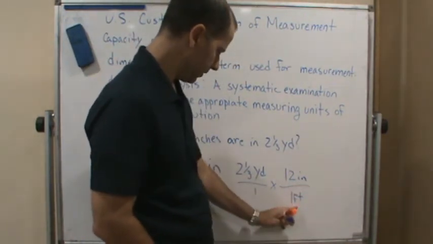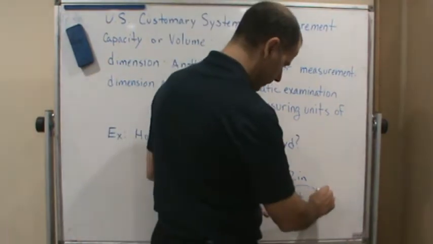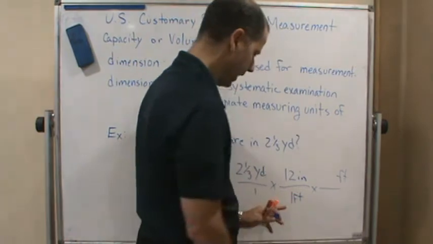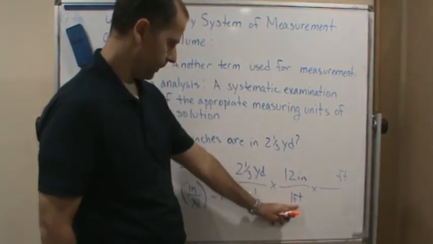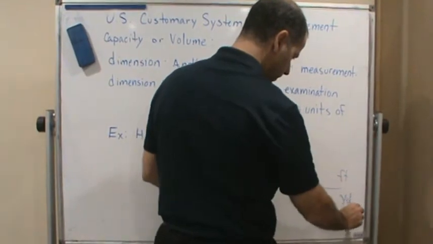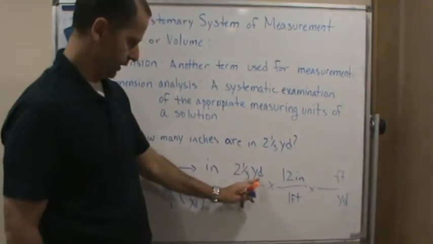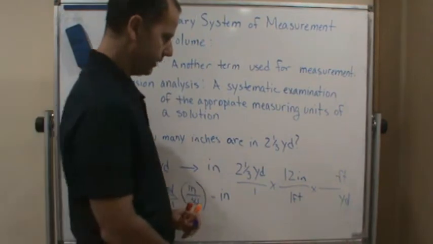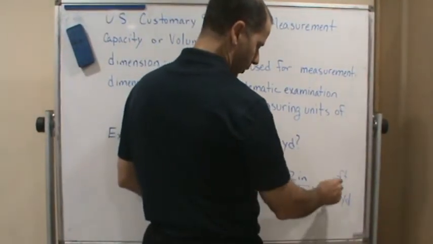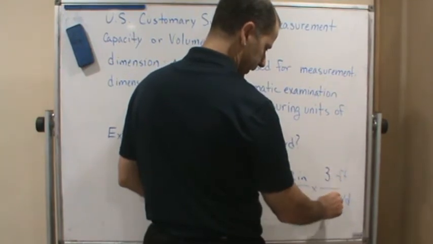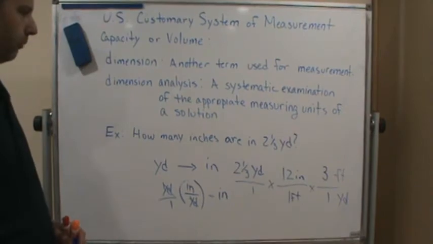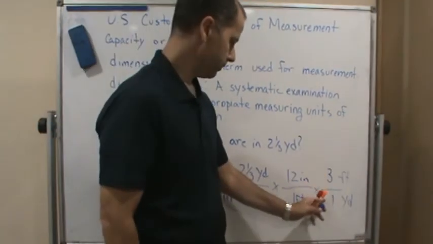I need feet on top that will cancel with the feet on the bottom here, and yards on the bottom that will cancel with the yards in the numerator. What is a unit ratio that relates feet and yards? We know that 3 feet equals 1 yard, so we get 3 feet per yard.